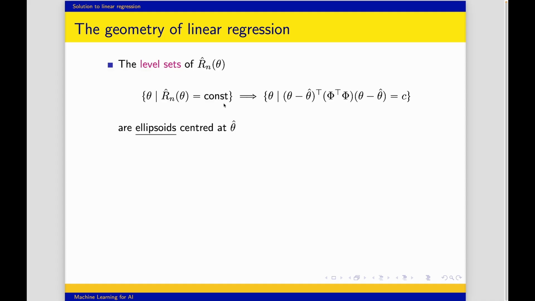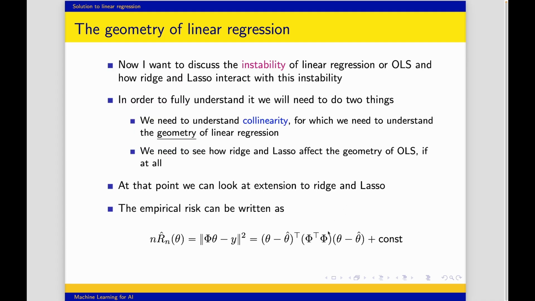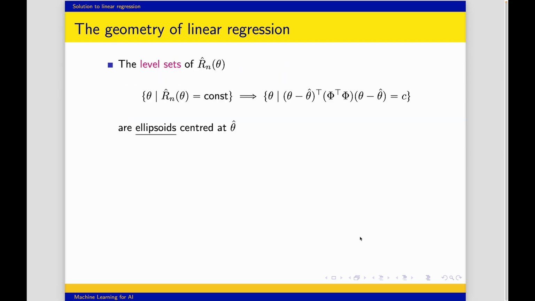Because Rn, as we've just seen, can be written like this, divided by n, plus a constant divided by n, which doesn't really matter, Rn equals a constant is the same as this equals some constant. So the level sets of the empirical risk are sets that look like this, and these are ellipsoids centered at theta hat.